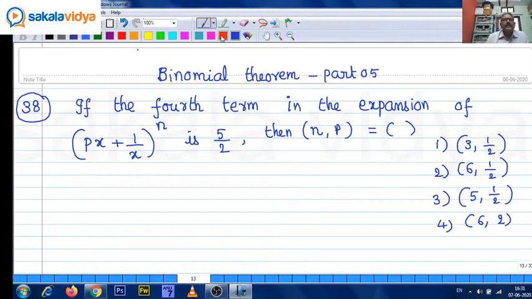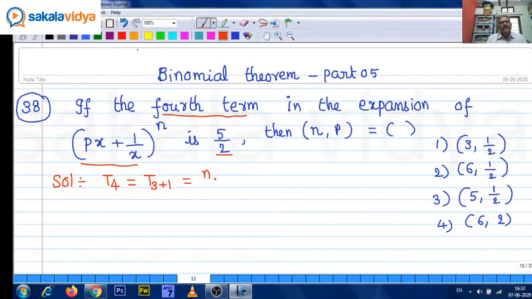See, the fourth term in the expansion is 5/2. First let us write the fourth term now. T4 equals T3+1.